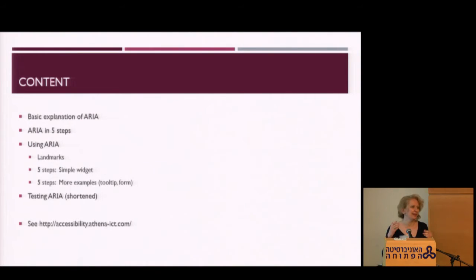Then I've made ARIA in 5 steps, because right now ARIA is a newish recommendation, so it's long to read, and you can get a bit lost in it. So I'm thinking 5 logical steps on how, if you've got a widget, to use ARIA to make sure it's accessible, and then a shortened version of testing.